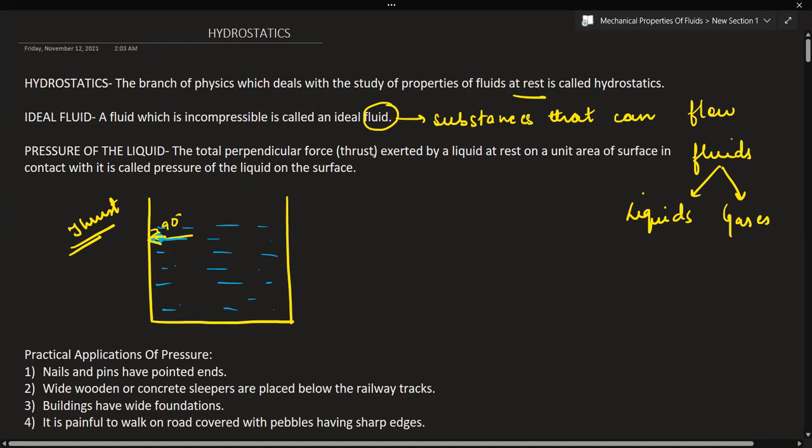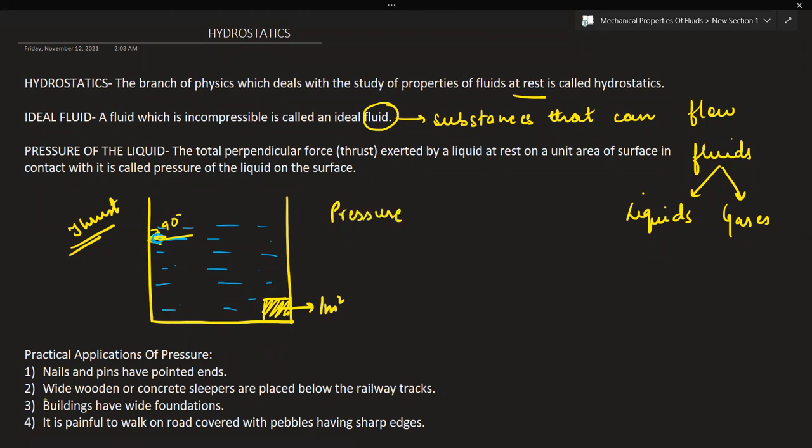Now see, the total perpendicular force or thrust exerted by the liquid at rest on a unit area surface. Means if I take a unit area, 1 meter square, and I consider all the force acting on this 1 meter square, then that quantity would give me pressure exerted.